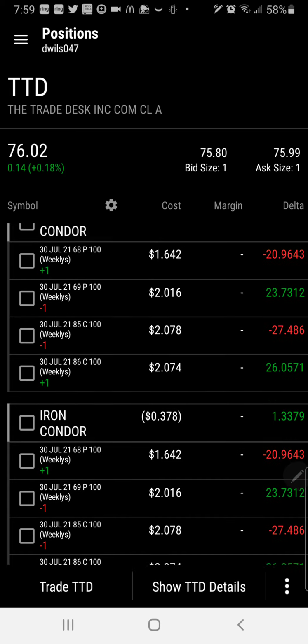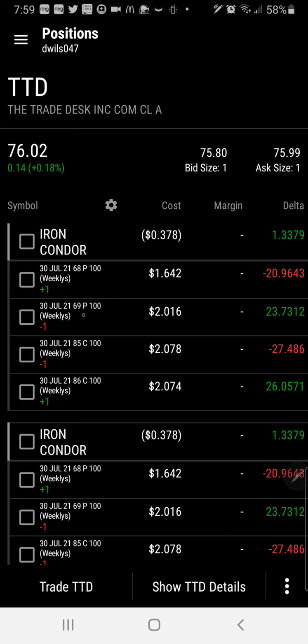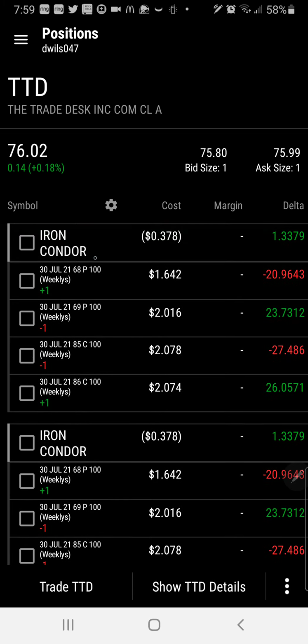You see where it says the name of the position, and then it has 1, 2, 3, 4 options contracts included in it. Remember, just know that this is considered one position. Which of these four is closest to this?